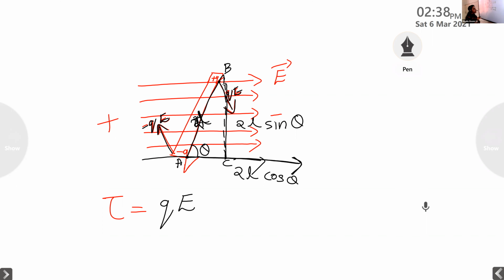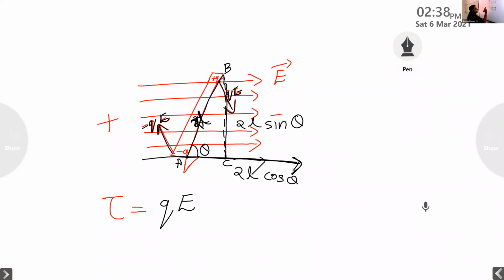We know that the distance of separation between the two charges, minus Q and plus Q, is 2L, and this distance is inclined at the angle theta. So we resolve it into two components: a horizontal component, 2L cos theta, and a vertical component, 2L sin theta.